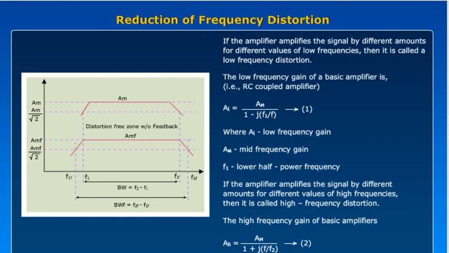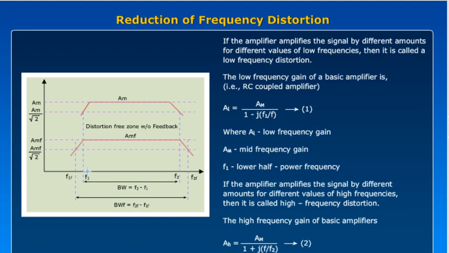Now see the feedback frequency response, after deriving the lower cutoff frequency with feedback and the higher cutoff frequency with feedback. In this figure, this represents the basic amplifier gain, with lower cutoff frequency F1 and higher cutoff frequency F2. With feedback, the F1 value decreases and the F2 value increases.